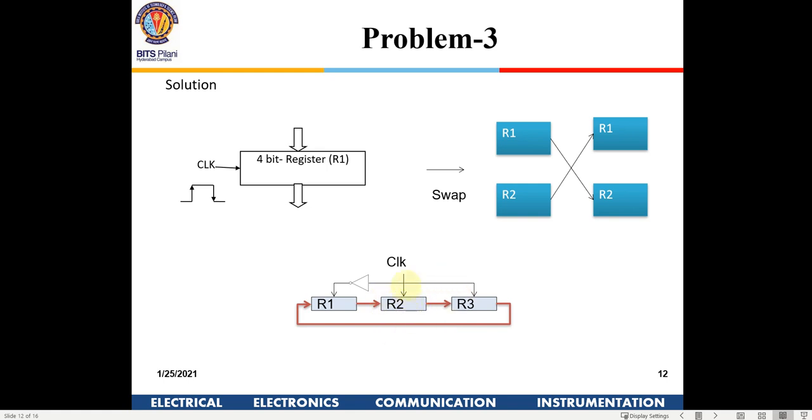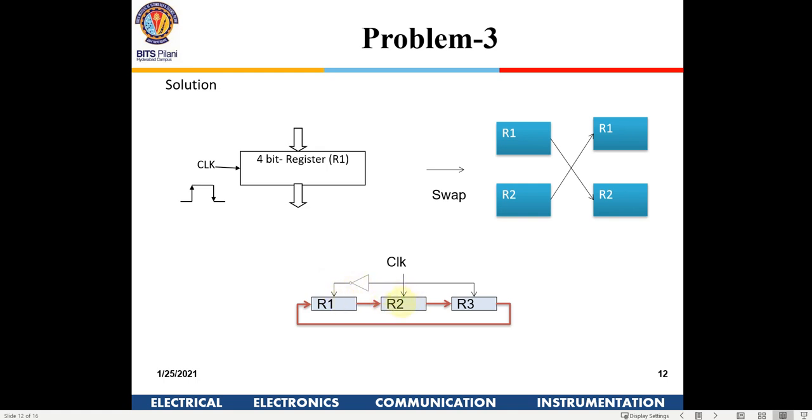Now what we are going to have is, we put a clock in R2, and there is a dot out here, so we have given the same clock in R2. On the positive going edge of the clock, you have put an inverter here.